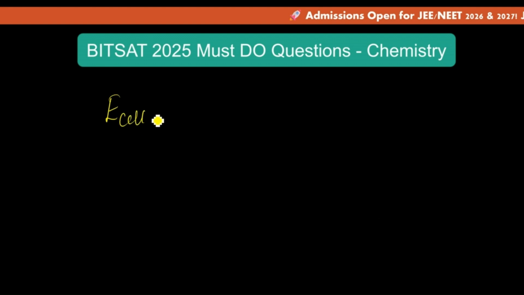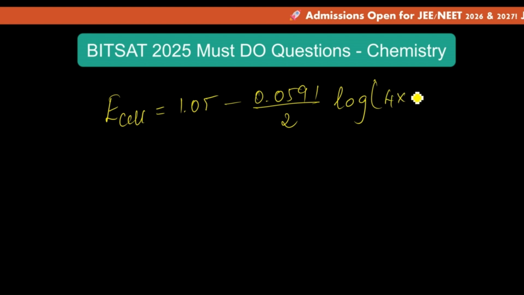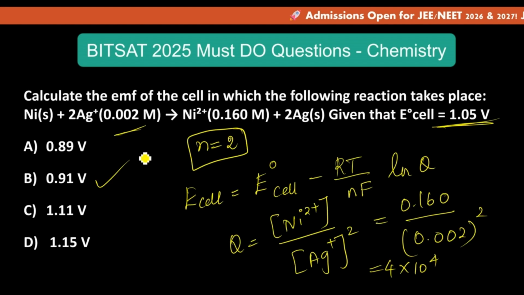So E cell is equal to E naught cell, the value is given 1.05, minus 0.0591 divided by n value 2, into log 4 into 10 to the power 4. Upon calculating, I am getting 0.91 as my answer, which is there in the options as well.